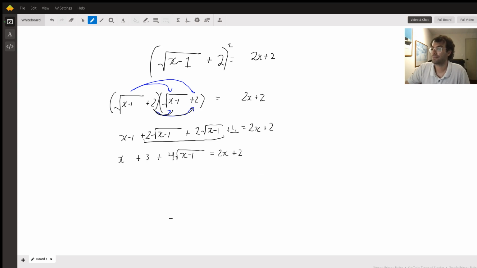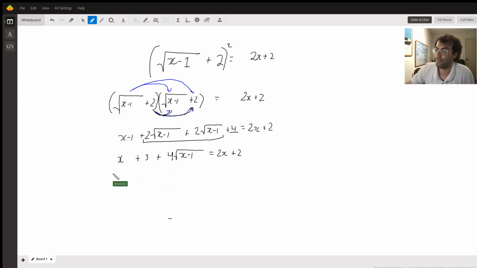Pretty easy, right? Now, all we need to do is literally change the variable so that we get all the x's on one side and all the square root terms on one side.